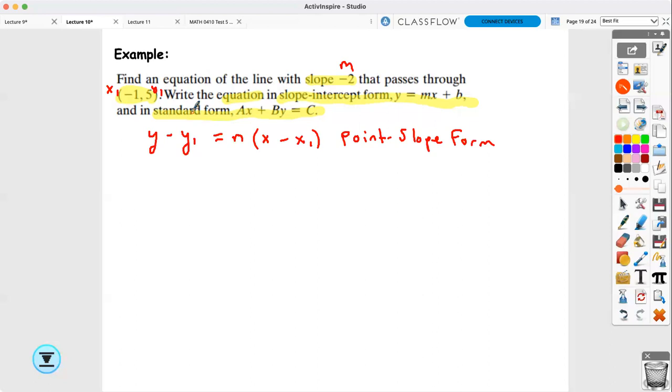Is everyone with me so far? Now that we have everything labeled and the formula, let's plug that in, right? So it'll be y minus y1. y1 was 5, so it'll be y minus 5 equals m. m was -2 parentheses x minus -1, because that's what x1 was, right? -1.